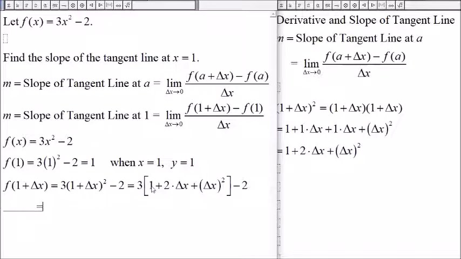So 3 times 1 is 3. And then 3 times 2 delta x will be 6 times delta x. And then 3 times delta x squared, that's just 3 times delta x squared. And then minus 2. And then 3 minus 2 is just 1. And then it's going to be 1 plus all of this.